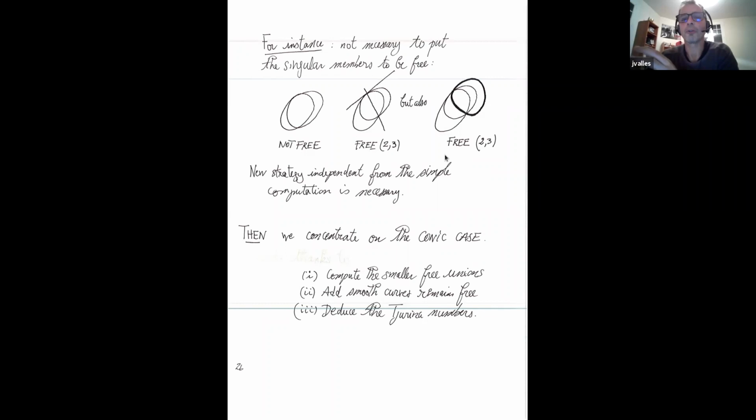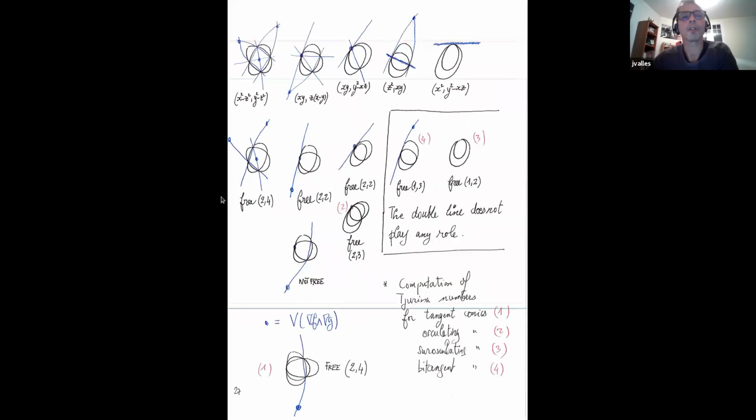When we have surosculation, 2 conics are enough, etc. So we compute these smaller free unions, and then we prove that adding a smooth curve to a free union is still free. And then we can deduce the Tjurina numbers. I don't know if it is already done in the literature. I guess recently, yes, but it's a direct consequence of what we did, so I mention it here.